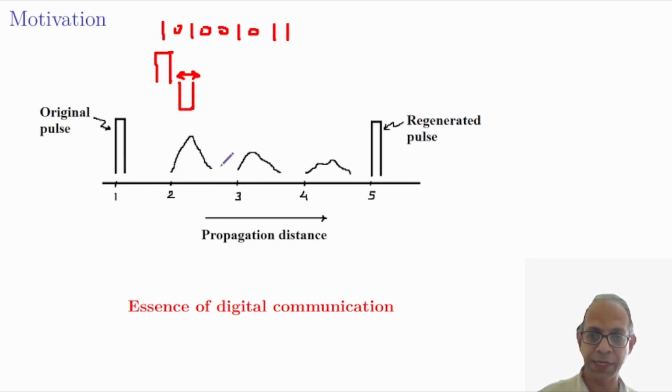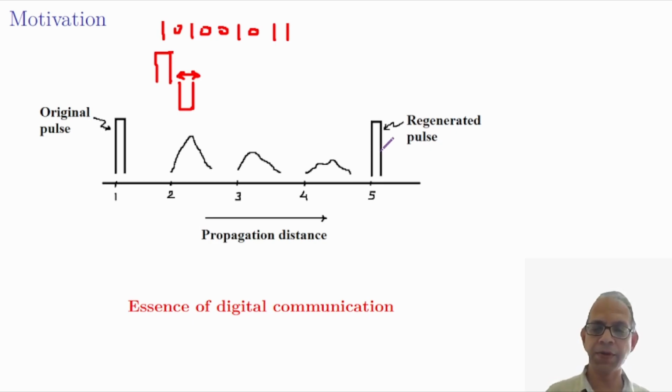The pulse shape changes, the pulse amplitude changes, but at the receiving end, we are not interested in maintaining the exact shape of the pulse. We only require to know whether it is a positive pulse or a negative pulse, and that decision can be easily made, and a fresh pulse can be regenerated at the receiver or at a repeater station if it has to be transmitted to longer distances.